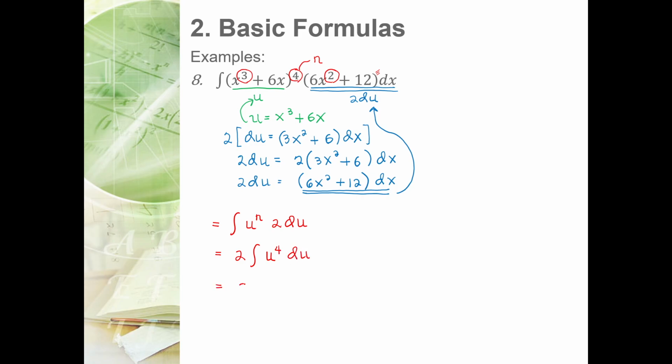Integrating, we have 2 u to the power of 5 all over 5 plus c. So the final answer is 2 times x cubed plus 6x, bringing back the value of the u parameter, to the power of 5 all over 5 plus c.